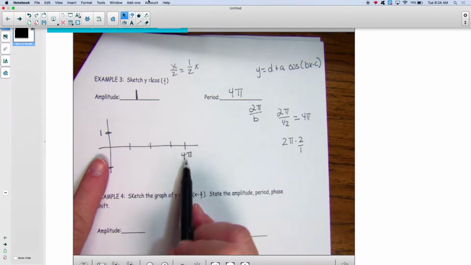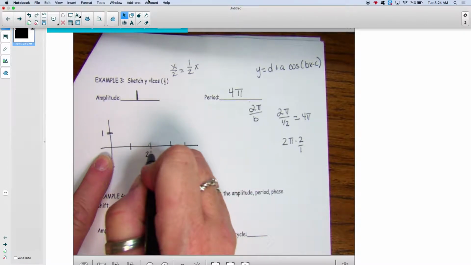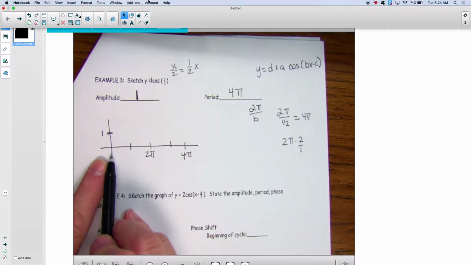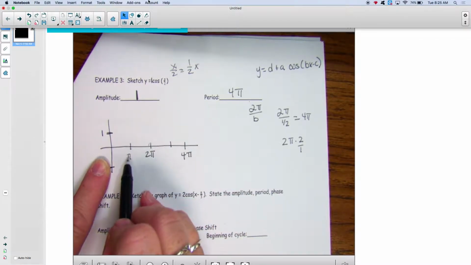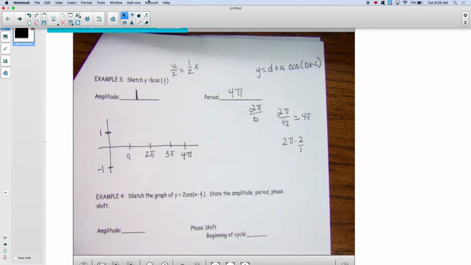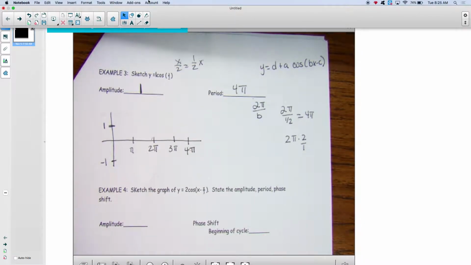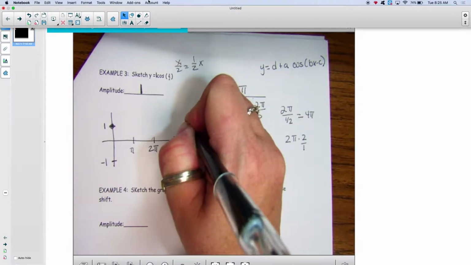What's halfway between 0 and 4 pi? 2 pi. Halfway between 0 and 2 pi? Pi. So it's 1 pi, 2 pi, 3 pi, 4 pi. My cosine starts at its amplitude, ends at its amplitude.